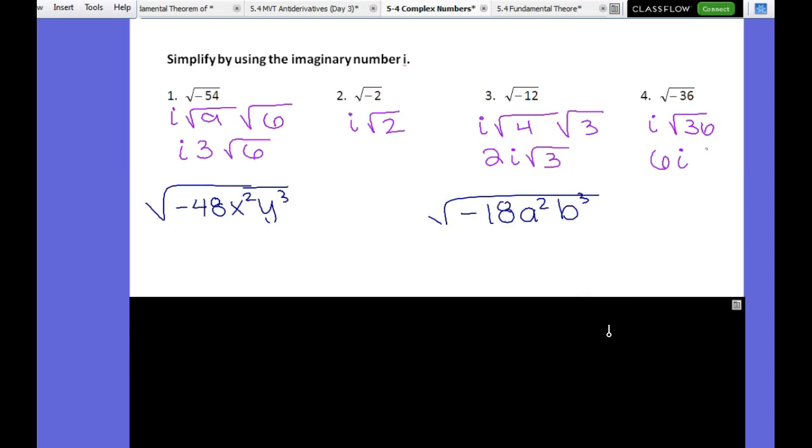Okay, let's look at some with variables mixed in. So I see that negative underneath. I automatically go to the i. What perfect square do I want to use to break into 48? Yeah, the 4 is okay, the 8's okay. The best one is 16.